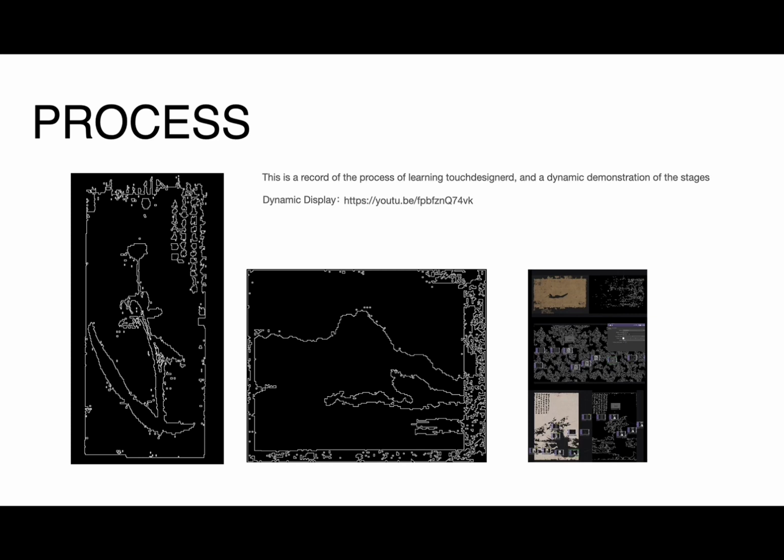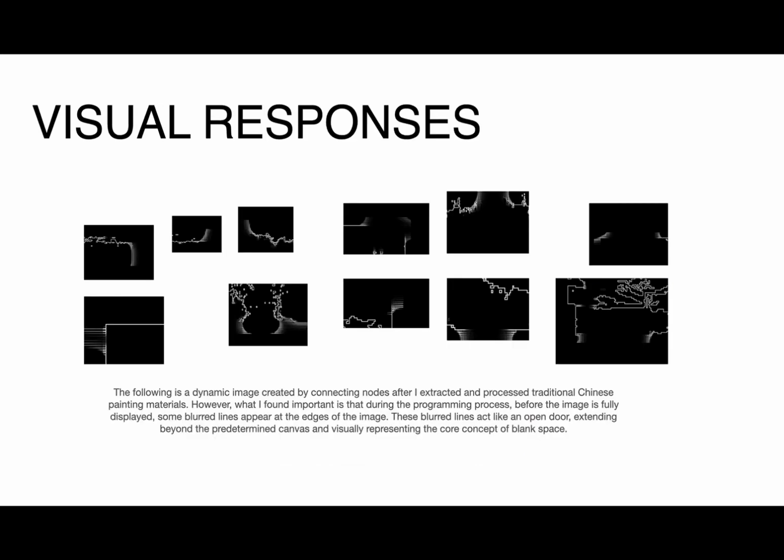This page documents my learning process of TouchDesigner, showcasing my dynamic creations at different stages. Below are the dynamic images created by connecting nodes after extracting and processing traditional Chinese painting materials.